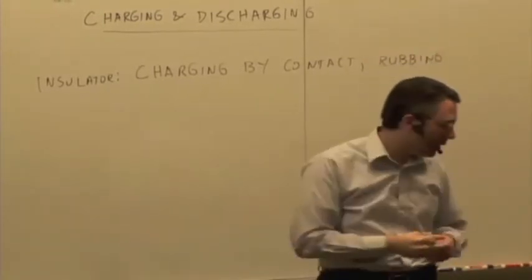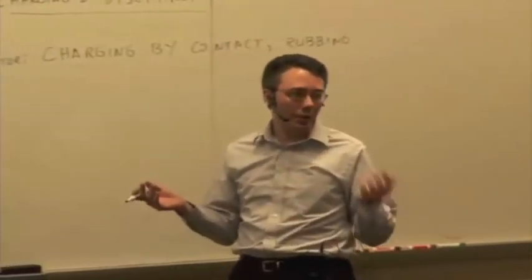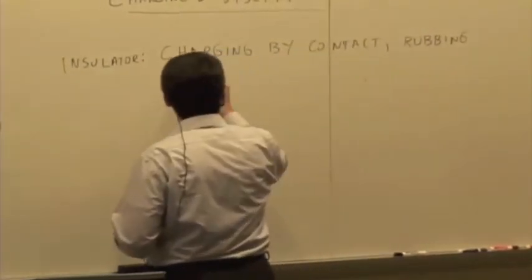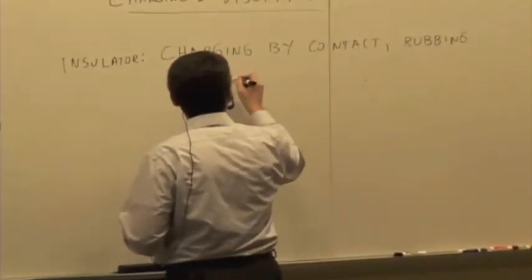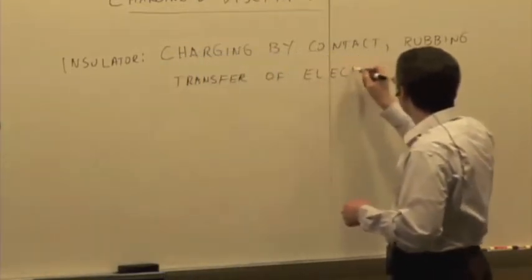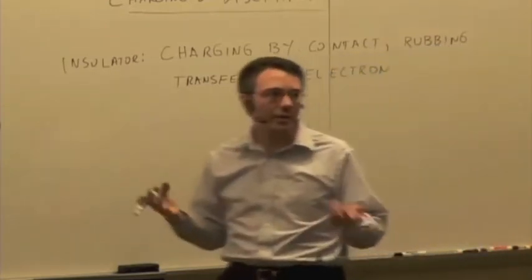I showed the example of taking the plastic pipe and rubbing it with some material. So we said that there's charge exchange going on, or some transfer of electrons. Maybe one object is losing electrons, the other is gaining electrons.